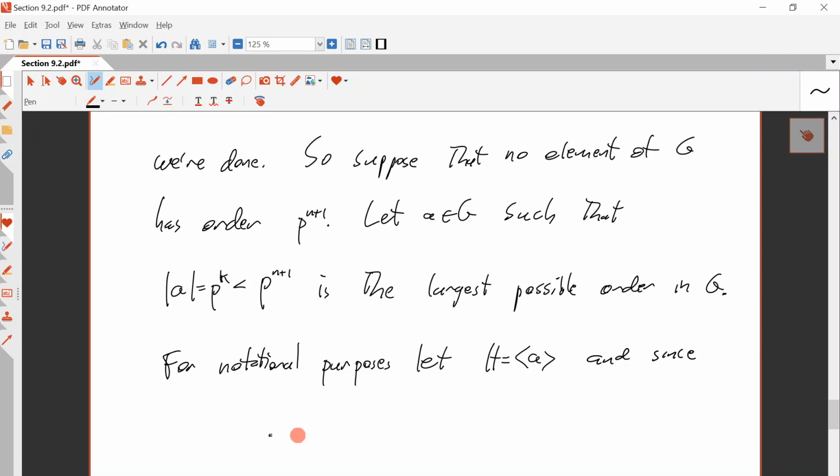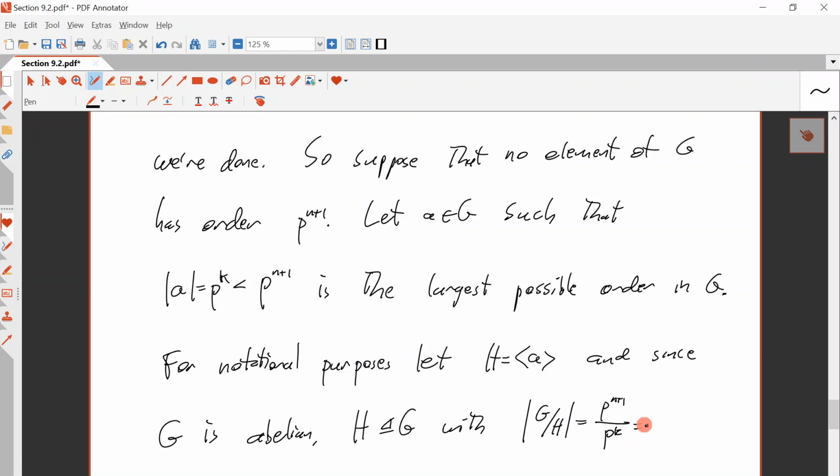Since G is abelian, H is a normal subgroup of G with the order of G mod H equal to p to the n plus 1 divided by p to the k, which equals p to the n plus 1 minus k. And k has got to be greater than or equal to 1, so that's strictly less than p to the n plus 1.